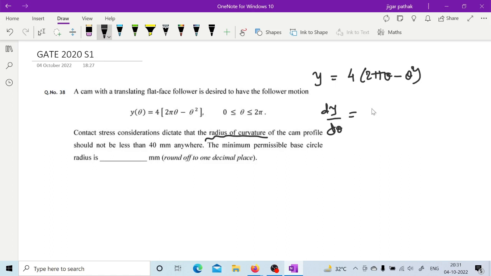So dy by d theta will be 4 into 2 pi minus 2 theta, which is nothing but 8 into pi minus theta.